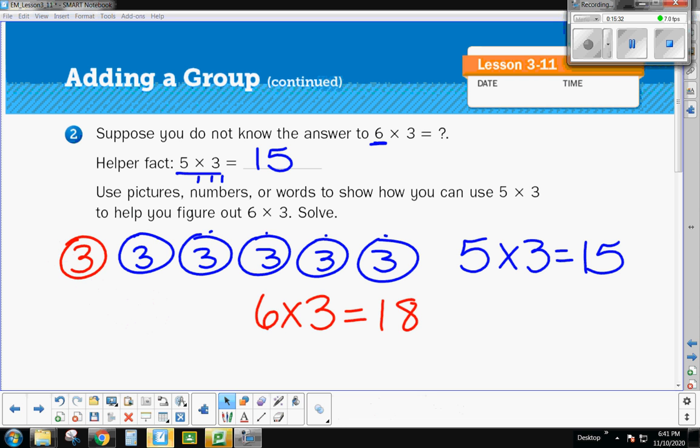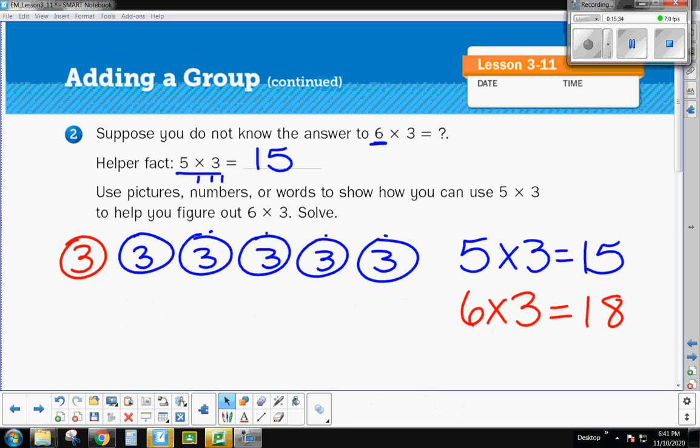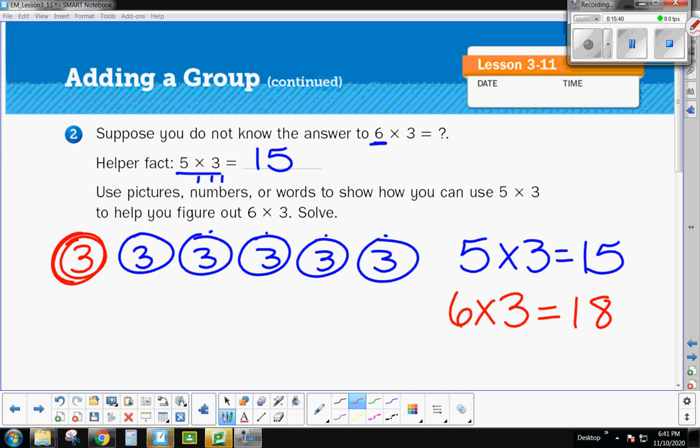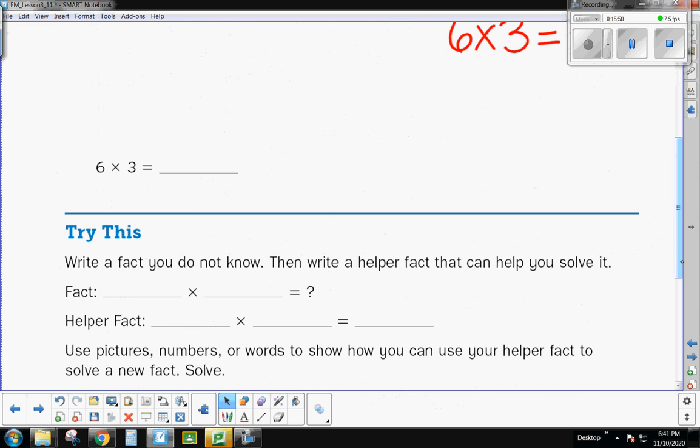Now I have 6 times 3. What did I do? All I did was add on that other group of 3. So I added on 3 more to that 15. That would give me 18. All right, so 6 times 3 is 18.